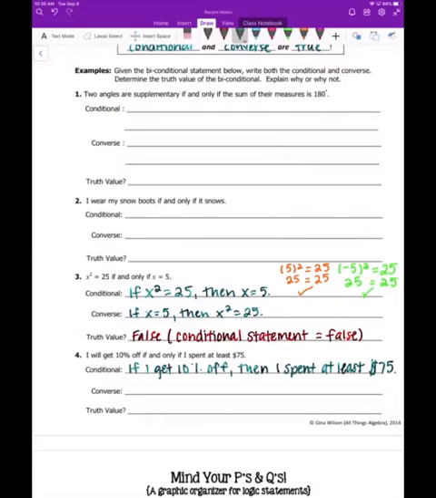The converse statement is, if I spent at least $75, then I will get 10% off.